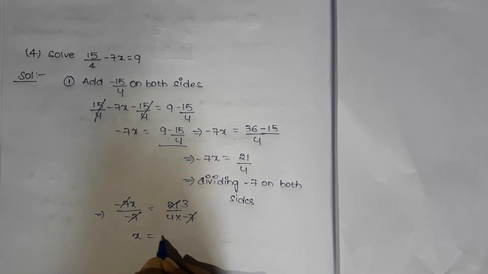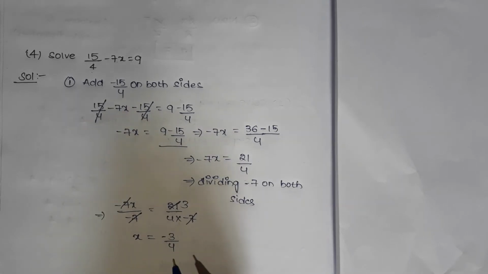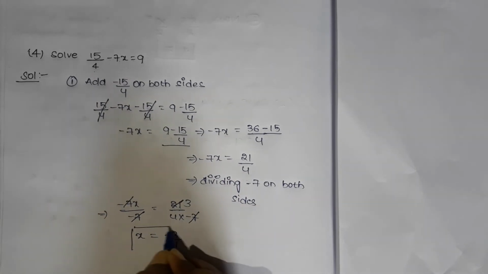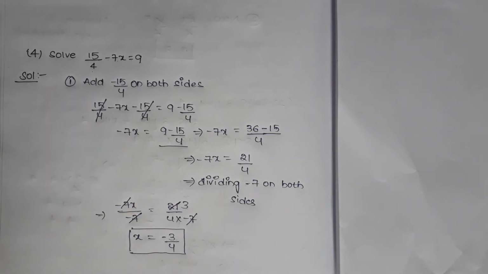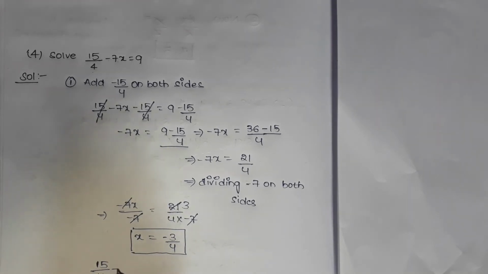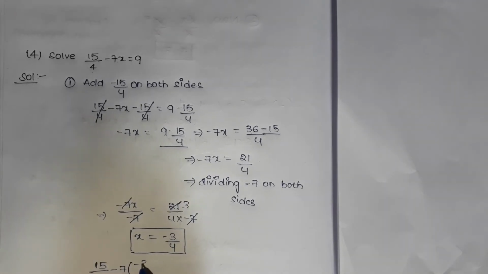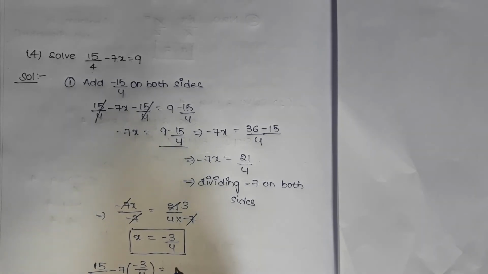That is we will get x equals minus 3 by 4. Now substitute this x value in the given equation, that is 15 by 4 minus 7 into minus 3 by 4 equals 9.